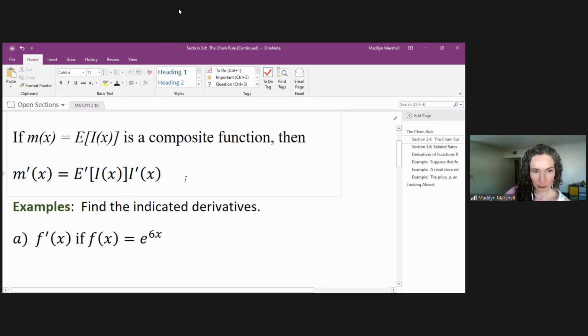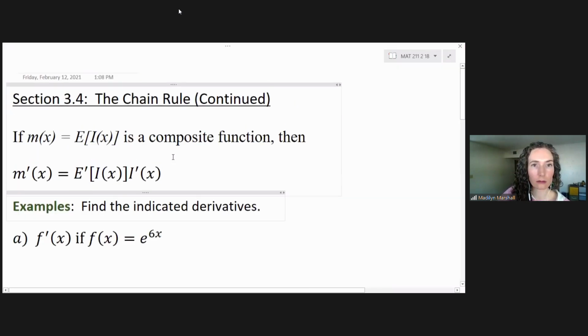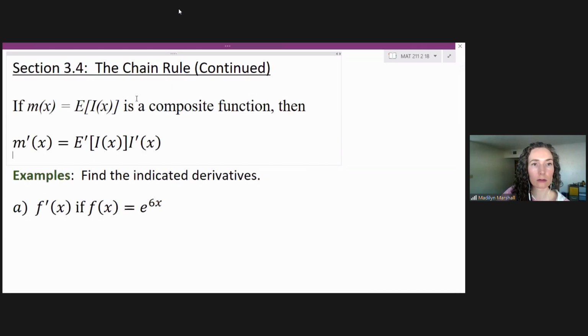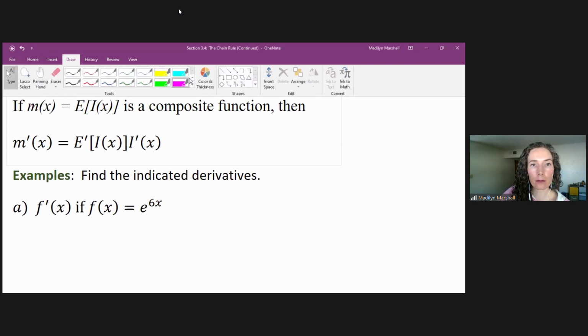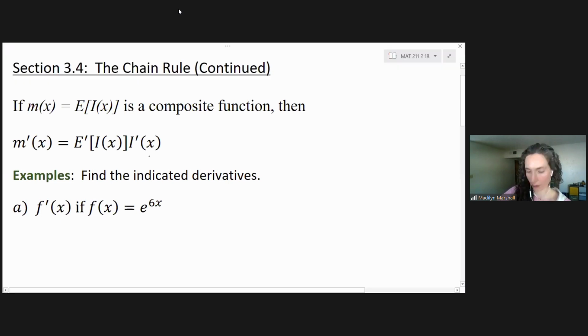Okay. So let's start by identifying our exterior and interior functions.